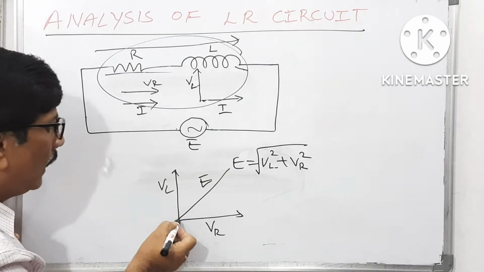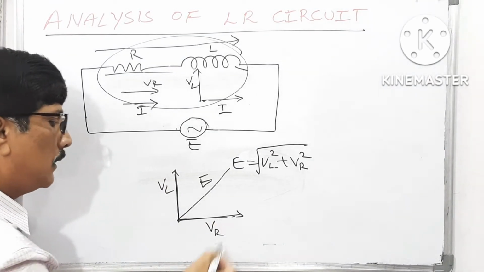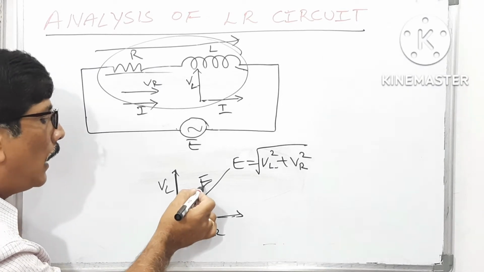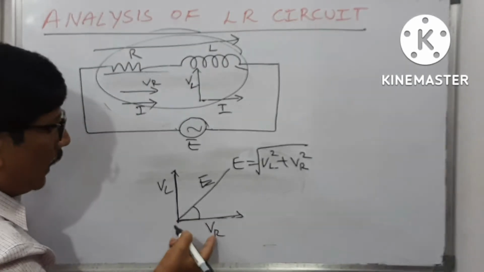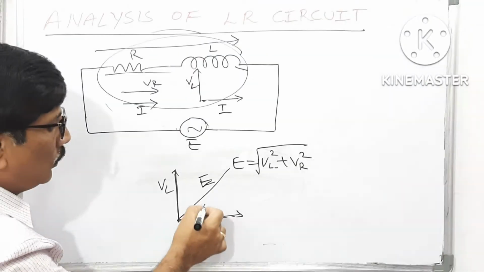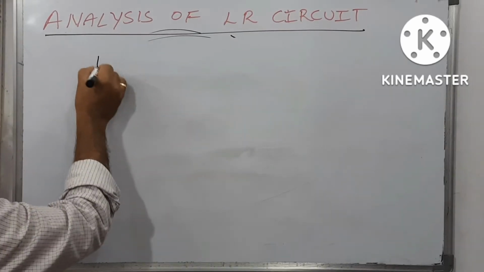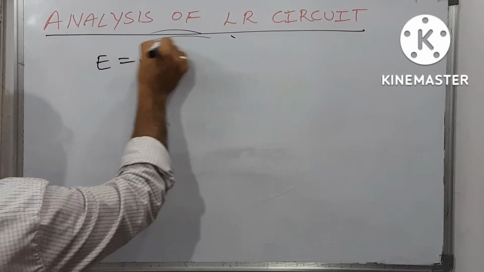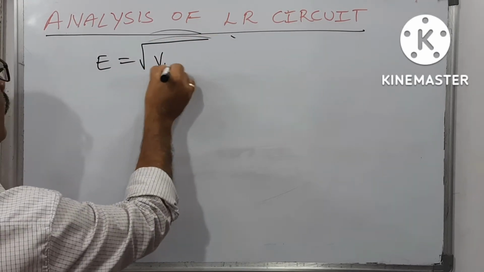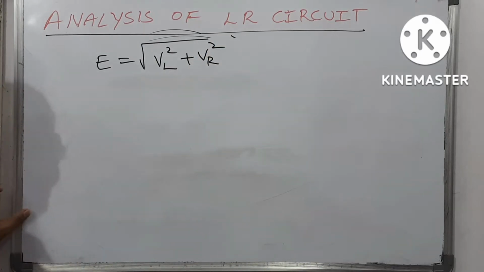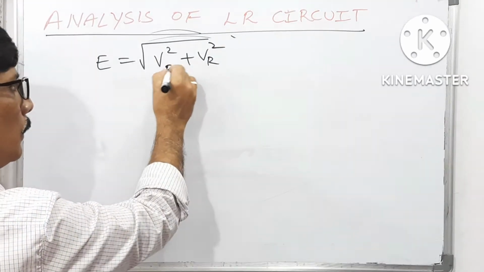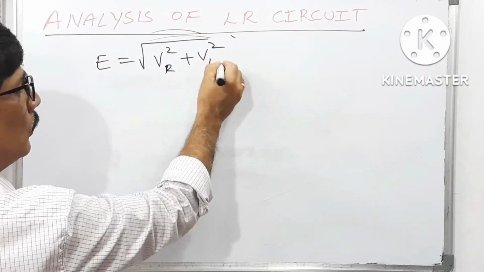So the VL is in this direction, VR in this direction. That's why the net electromotive force of this combination is making a certain angle with this. Assume that this is phi. So you know, E is equal to under root VL square plus VR square, or you can write VR square plus VL square. Both are same.